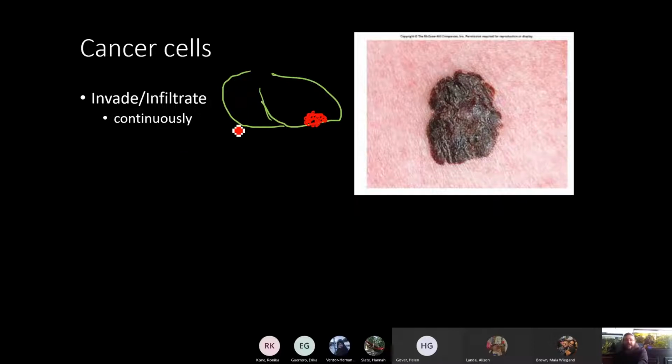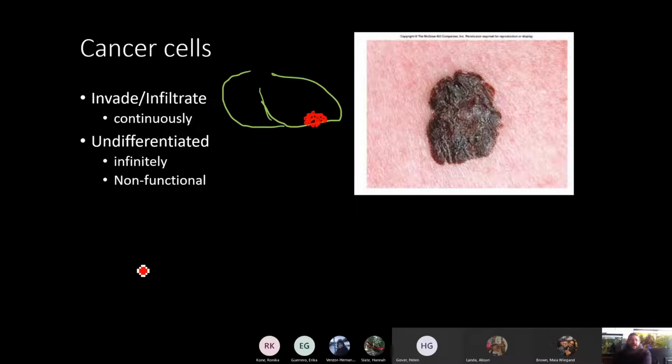And they just continuously undergo mitosis, continuously replicate, disregarding all stop signals. And they are undifferentiated, like I said, so they aren't doing liver functions. And they replicate infinitely, so that the tumor just keeps getting larger and larger.